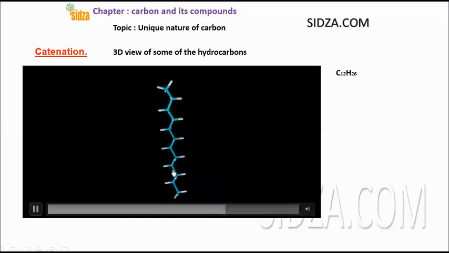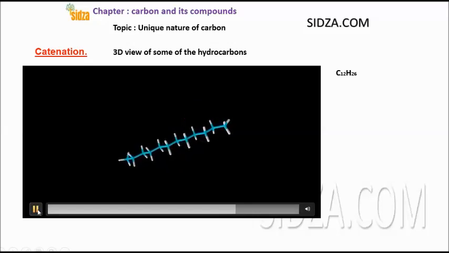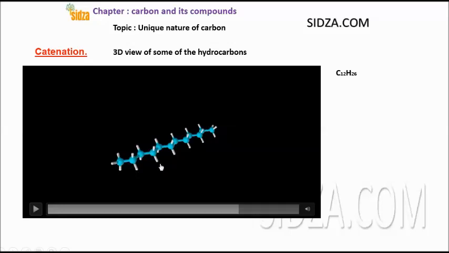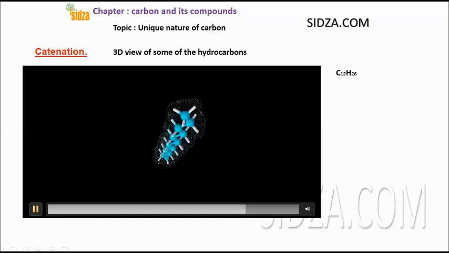Different ways, different expressions. You can just see 1 2 3 4 5 6 7 8 9 10 11 12. So 12 carbon atoms, right? These small white structures are hydrogen atoms, right? Really a big molecule. Look at this.